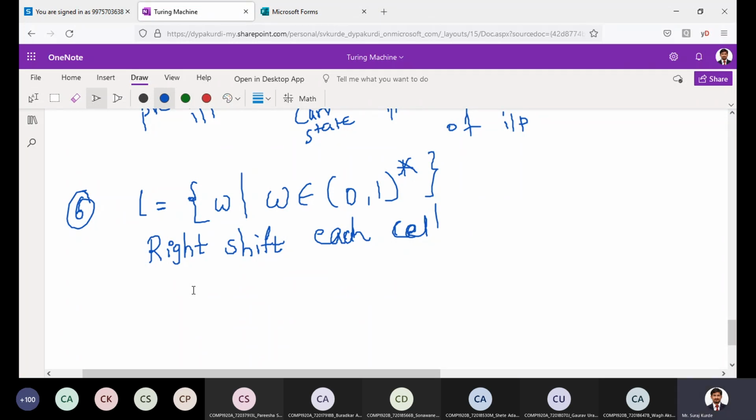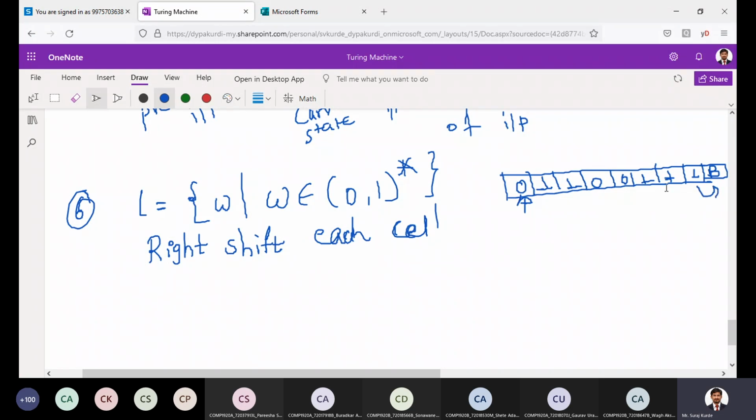Now how to shift it? Let's consider this is an input tape.